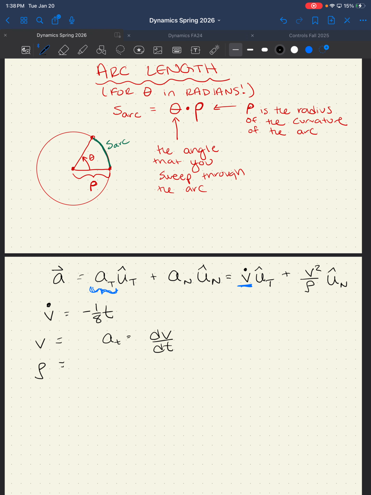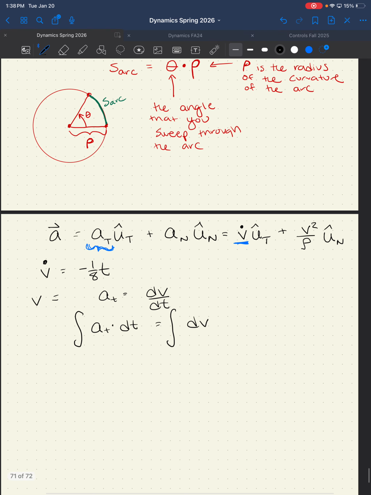Plug back into rho, that should be 280 over pi over 4. Notice I'm using radians here. Equals 356 meters. I now have all 3 components that I need to find acceleration, right? I have rho, I have v, I have v dot if I plug in for 15.